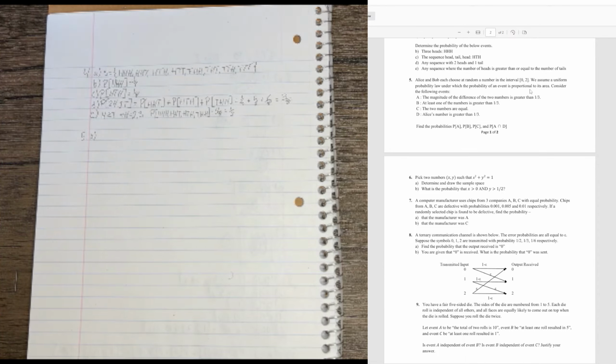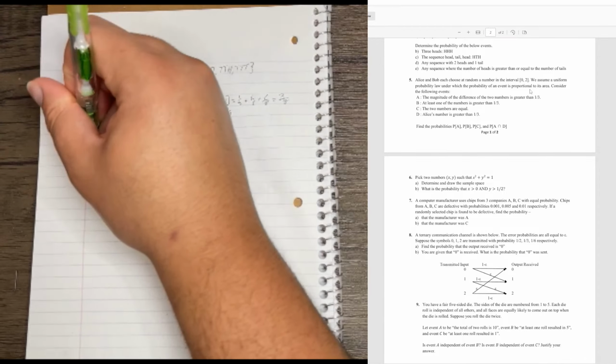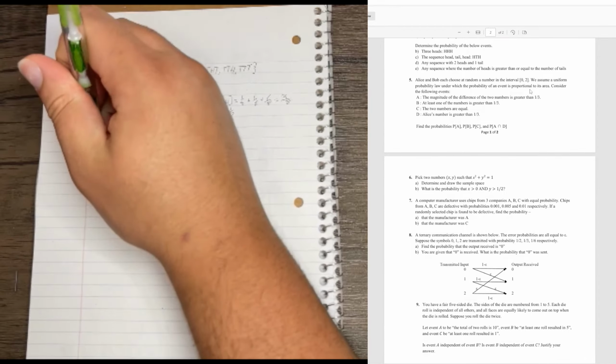Consider the following events. Magnitude. We're just looking for the probability. Oh, okay. I see what we're doing here.